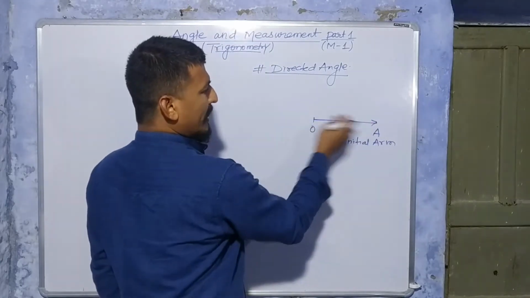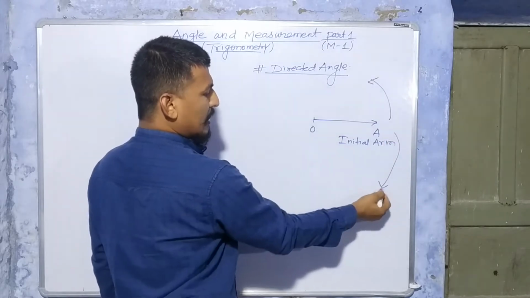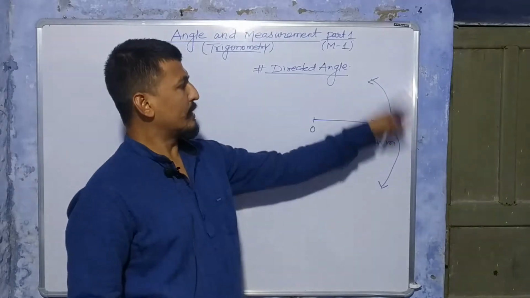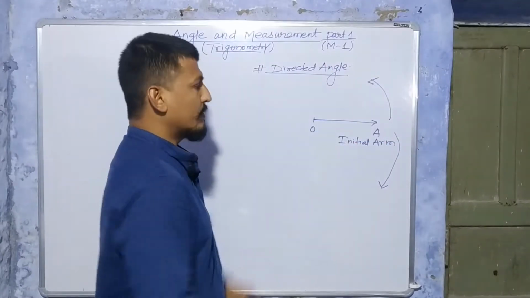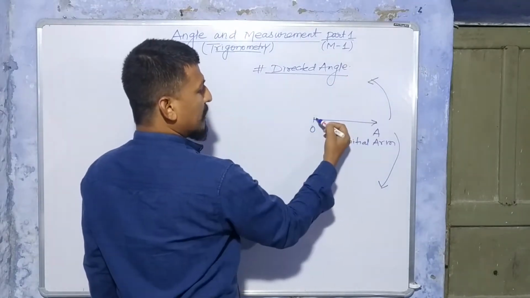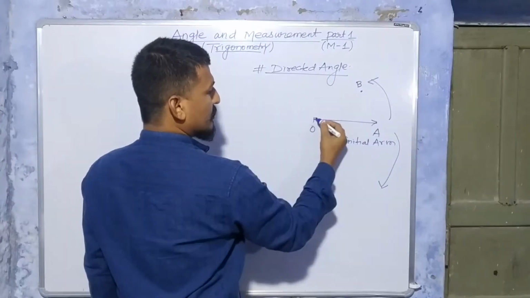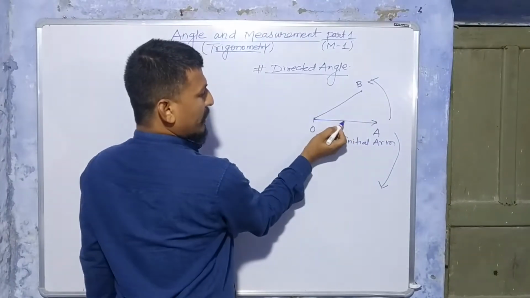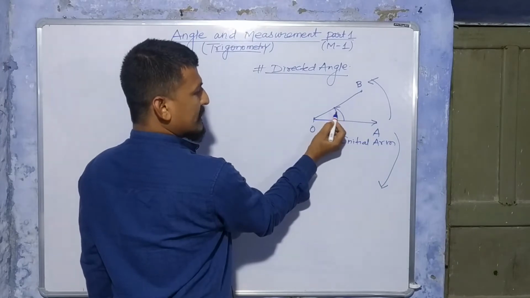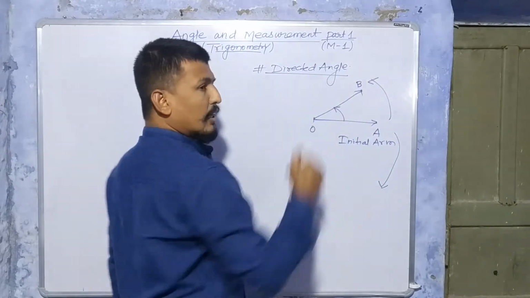Now this OA is rotated either anti-clockwise or clockwise. Suppose this OA is rotated anti-clockwise and the new position of A becomes, suppose, B. So after rotation in the anti-clockwise direction, the initial arm moves to position OB.